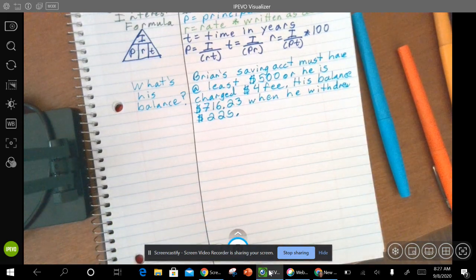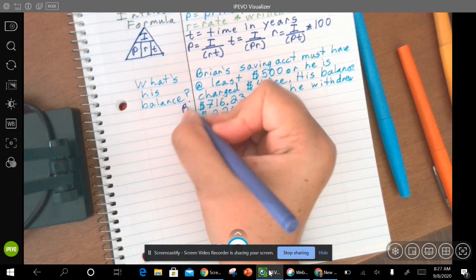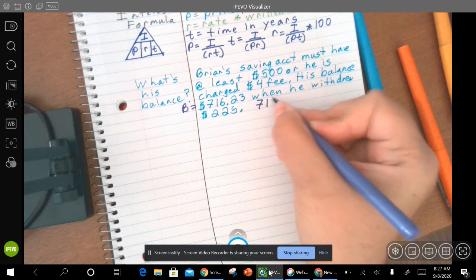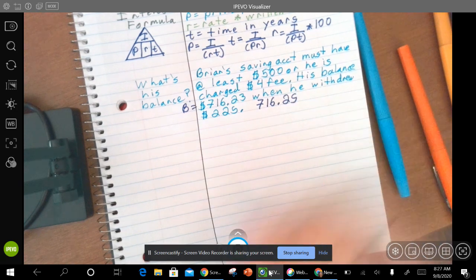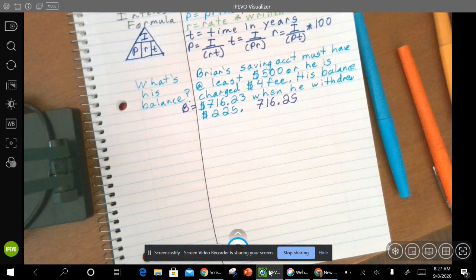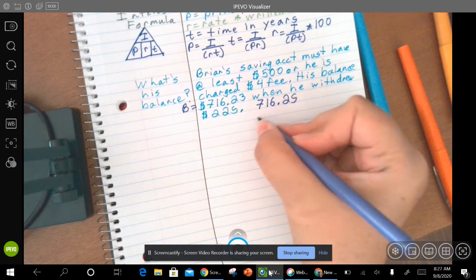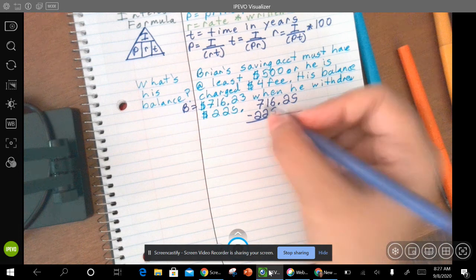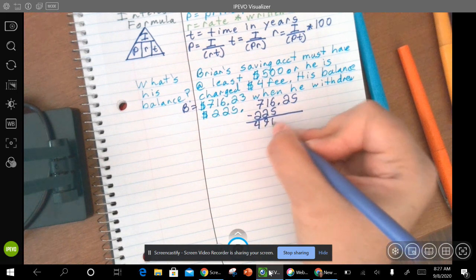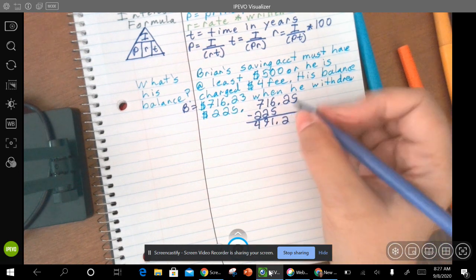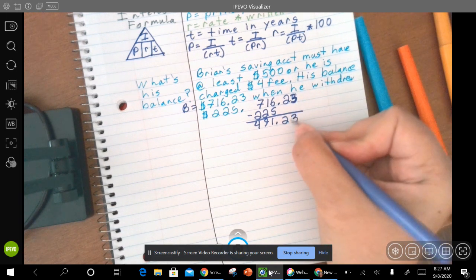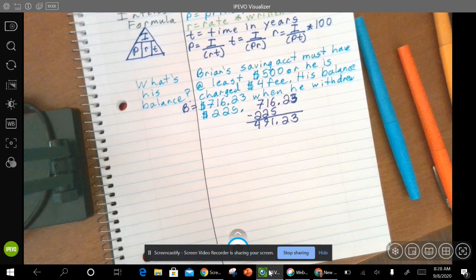So the balance, what he starts with, is $716.23. He withdrew $225. So we're going to subtract those to get $491.23. Sorry, everybody, this should be 23. Now everybody, it went below 500.